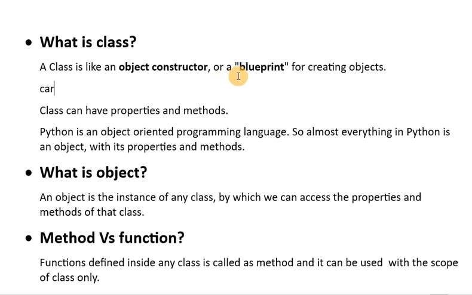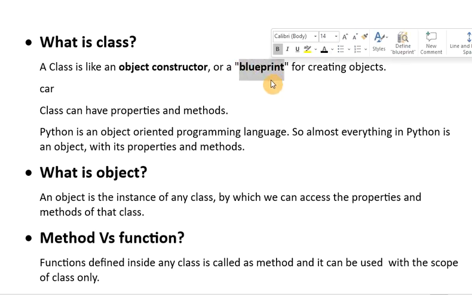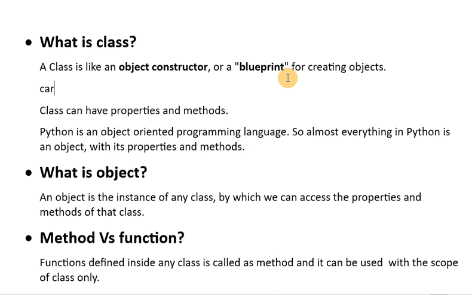So that class plays the role of blueprint there, and we are going to create the original object by using that blueprint. Due to this, the class is known as the blueprint for creating the new object. I believe this example is sufficient to understand why the class is called the blueprint for objects.